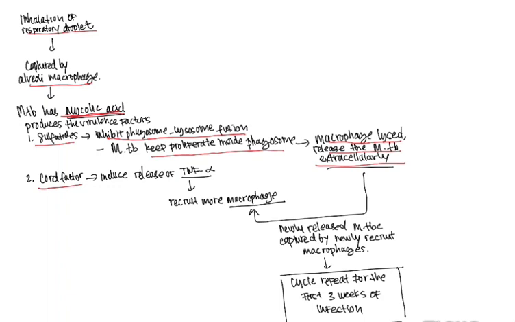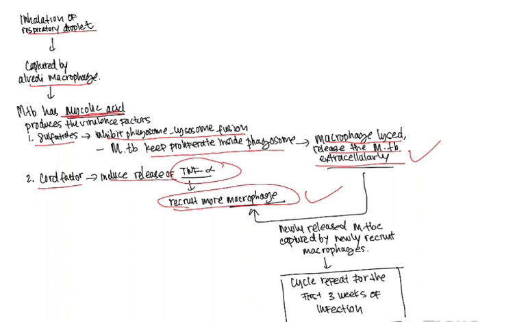And the second virulence factor is the cord factor, and it can induce the release of TNF alpha. TNF alpha is a cytokine produced by macrophages. One of its functions is to recruit more macrophages. So together with the release of the mycobacterium extracellularly after proliferation, and with the recruitment of more macrophages, they actually work together.